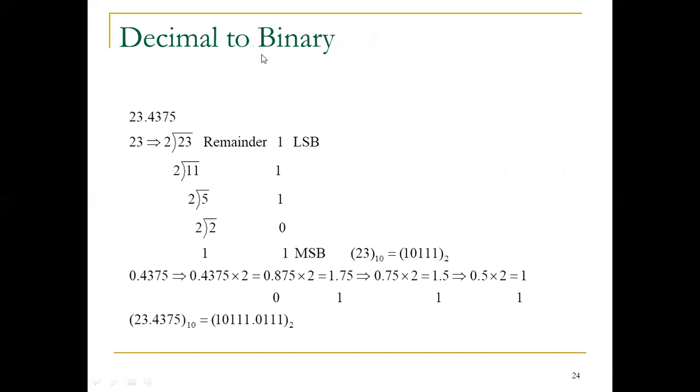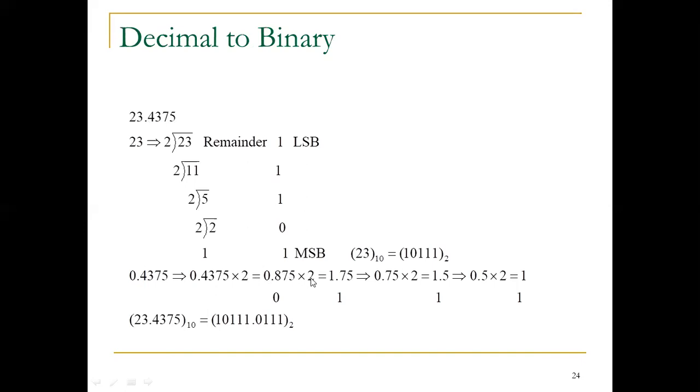So decimal number to binary, same procedure here. 23 divided by 2. Then here quotient is 11 and remainder is 1. And continue this up to the smallest bit. And that's how 23 is converted into its equivalent binary number. And for the fractional part, the right side of the floating point is 4375. So this 4375 is multiplied by 2. Then if you solve this, you will get this number.